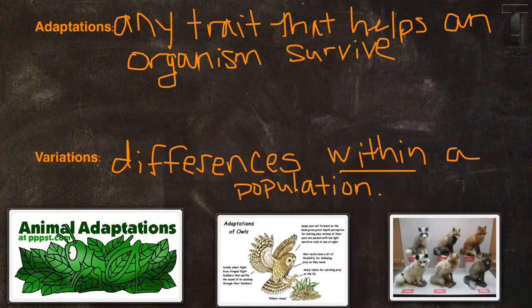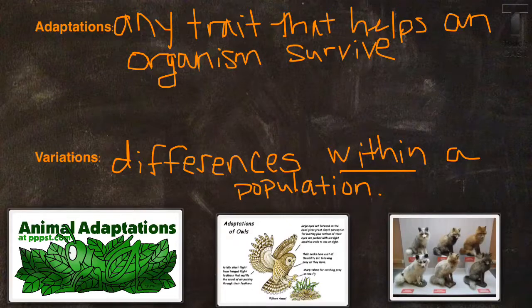Some variations might help an organism to survive, and it's still a variation until, over time, generations and generations, these variations that make it more likely to survive, so maybe the organism doesn't stand out as much to a predator, so they're not getting eaten as much, keep getting passed on to offspring, and eventually the whole population will have that variation.